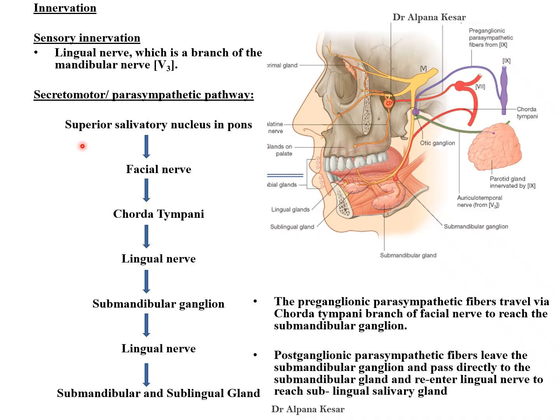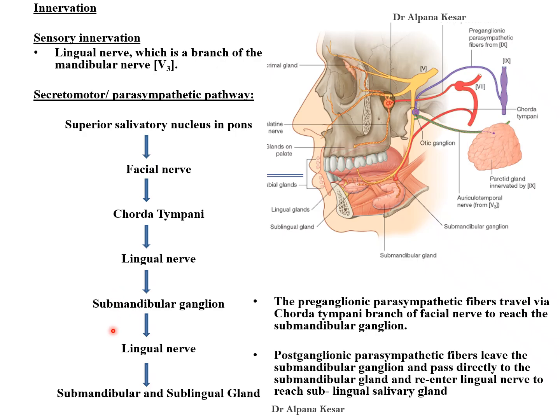The preganglionic fibers pass into the facial nerve and then into its chorda tympani branch. The chorda tympani nerve joins the lingual nerve, and the fibers traveling through the lingual nerve relay into the submandibular ganglion.